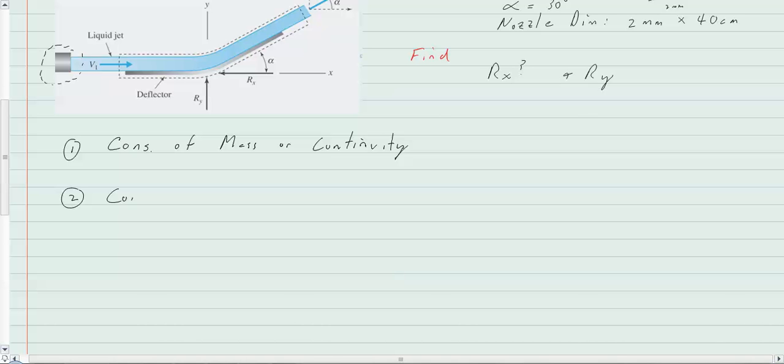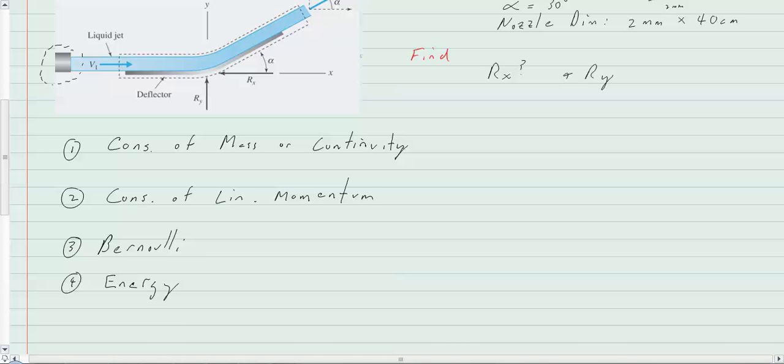The other one is conservation of linear momentum. We might have Bernoulli at play. We certainly have energy in our toolbox as well.